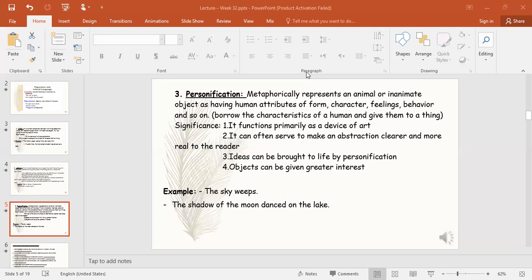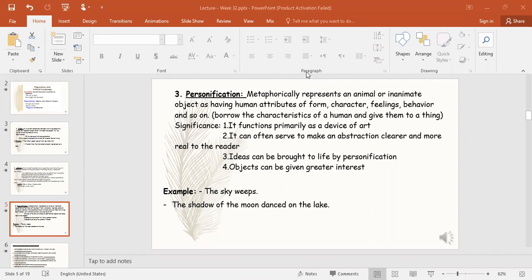is like maybe jello, so the wiggly shadow of the moon danced on the lake. The lake moves, it's not stable. So when I say the shadow of the moon danced, I'm borrowing the action of dancing, which is a human action, and giving it to the shadow of the moon.